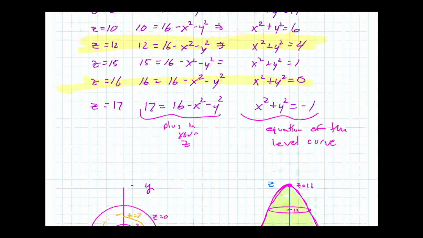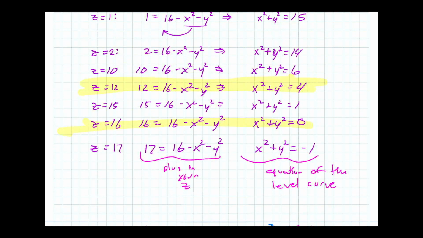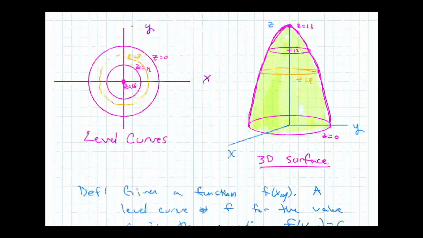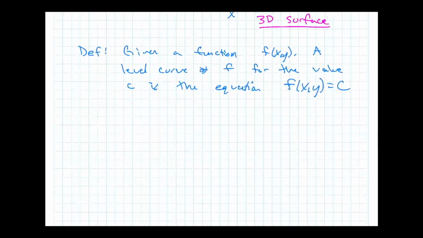That's what we were doing here. z was what we had on the other side of the equation, but this was f of x, y, and this is the c. So this is just what we just did, but they have the definition afterwards. Those are level curves.